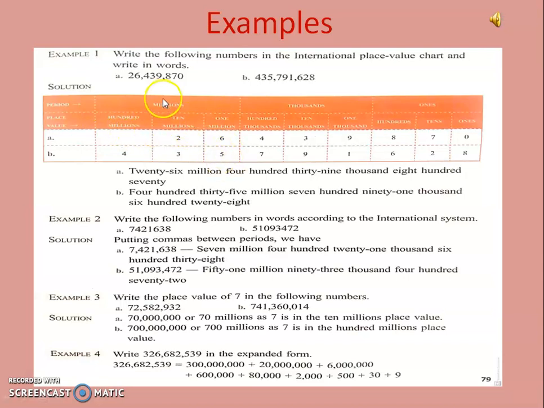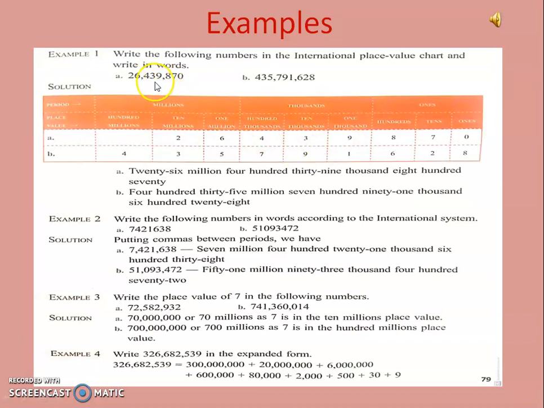So we will start putting digits of this number from the right side. So from the right side we have 0. So 0 will come under 1, 7 will come under 10, 8 will come under 100. Here the first period completed and the second period started. So the next digit 9 will come under 1,000.